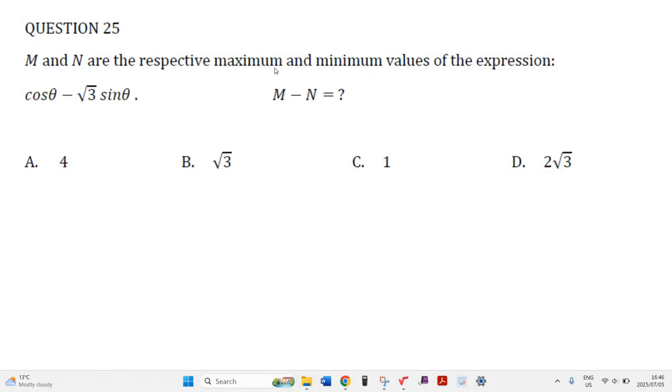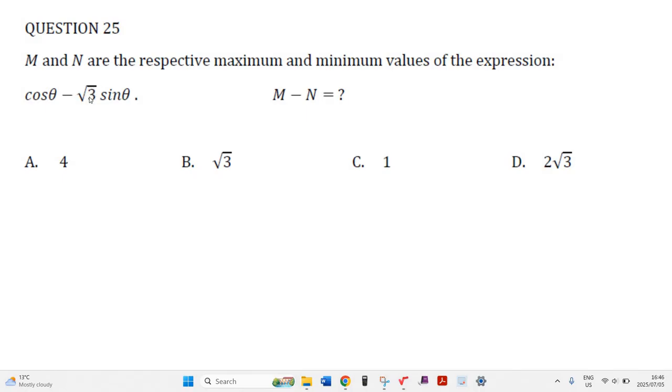So how could we get a min and max out of the difference of these two functions here, cosine theta and root 3 sine theta? Well, 90 degrees would make this root 3, which is bigger than 1. If I put minus 90 degrees here, that would make this negative 1 times negative root 3.